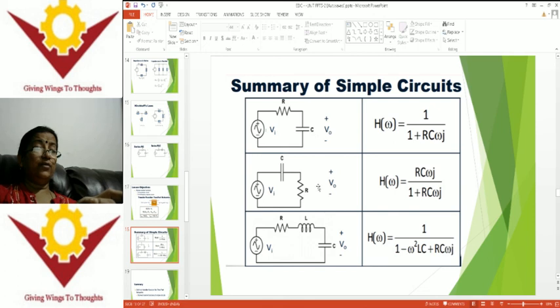Based on the component across which we take the drop, we can observe how the transfer function of the circuit varies. This particular derivation I'll complete in the next video. You can observe the combinations of these RLC components and in what way we can evaluate the transfer function of these RLC circuits. We'll continue this transfer function evaluation in the next class.